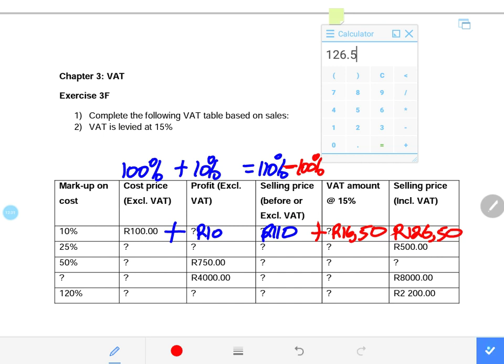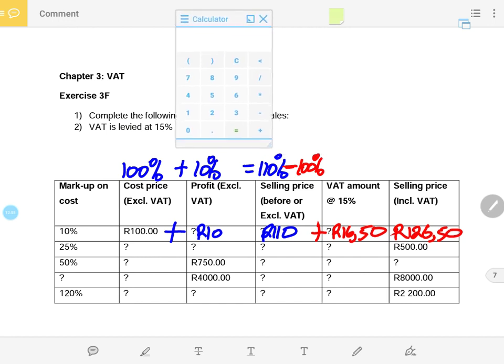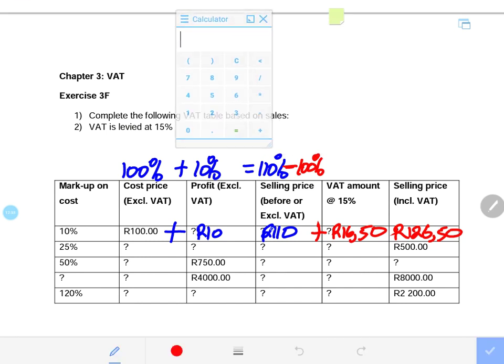Now, again, obviously, I have to take it from the percentage perspective once again. Now, we had the amount of 110, which is 100% before we add 15%. That means if we say 100 plus 15, it gives us 115. So now, in other words, we are saying 100 plus 15%. That means our selling price is 115%.